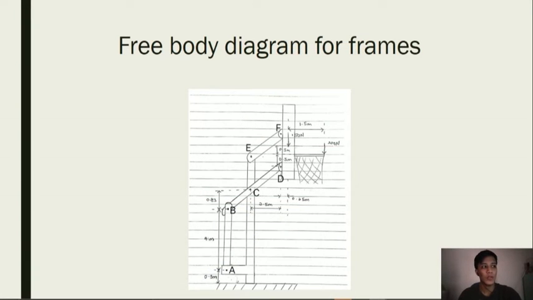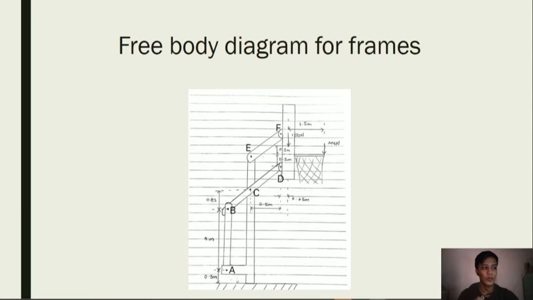So next, let's move on to the free body diagram for frames. So this is the free body diagram. In this diagram, there are two external loads acting on the structure. First is the board, which is 150 Newton, and next is the ring, which is 200 Newton.